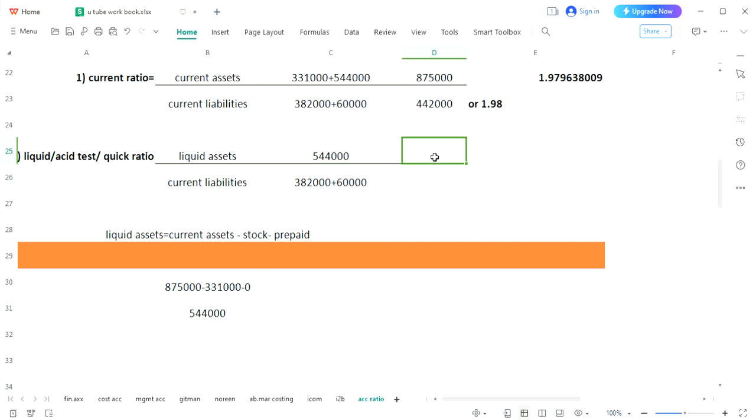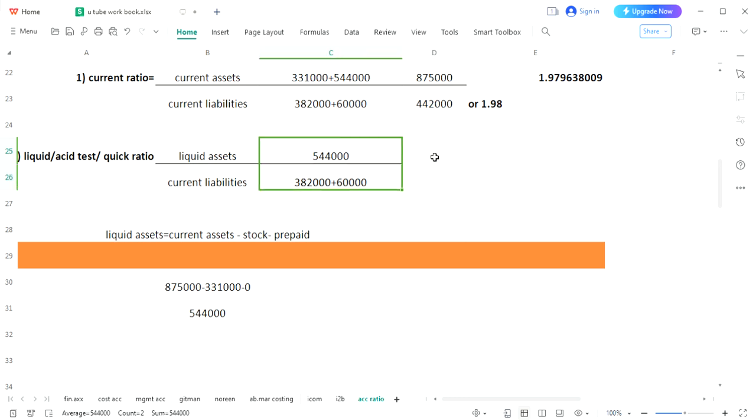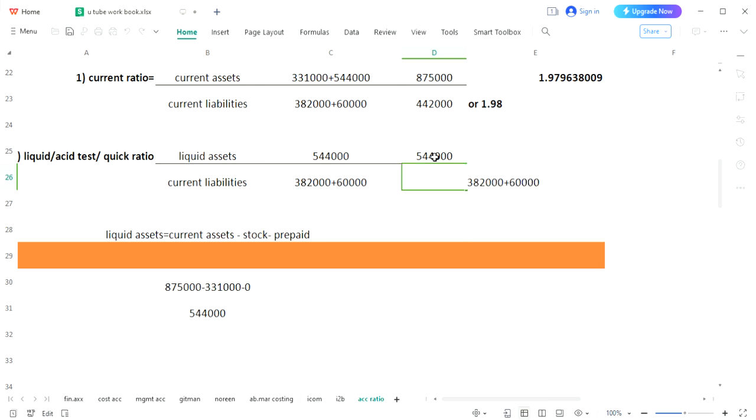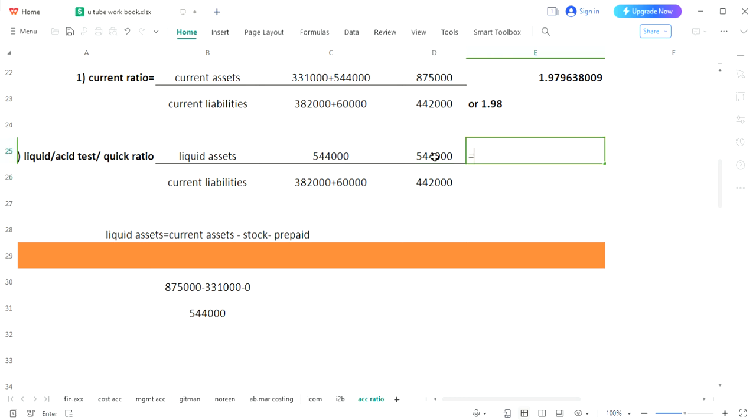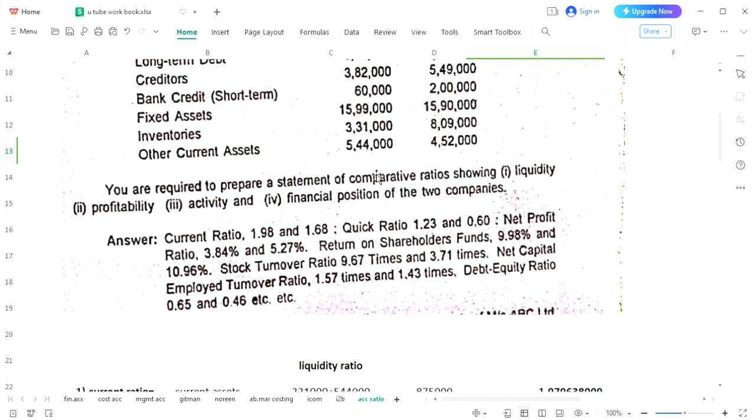So values have been taken, and now we are going to calculate their sum. Current or liquid assets are already calculated, current liabilities are 442. We are now ready to calculate our ratio. Liquid assets are divided by current liabilities, 1.23 is your answer. Look, quick ratio for X company is 1.23.